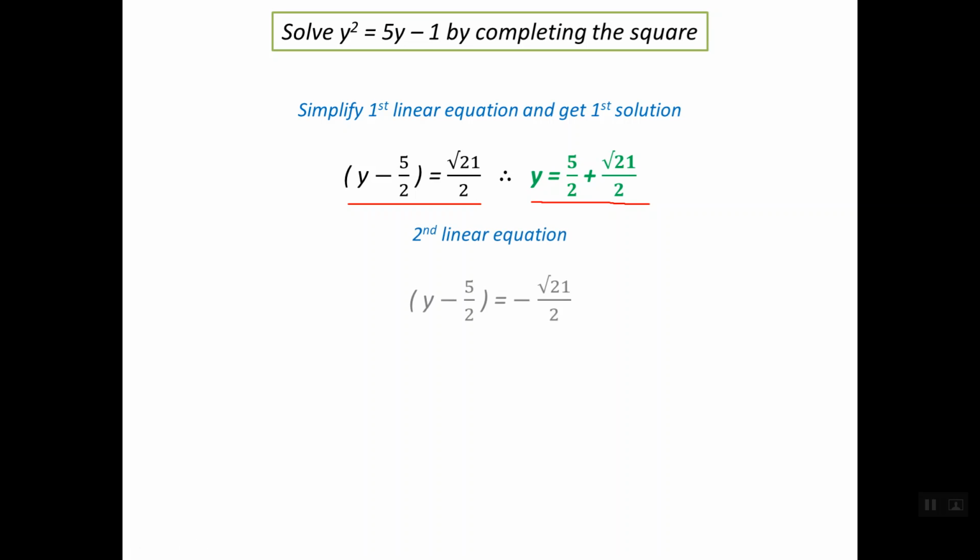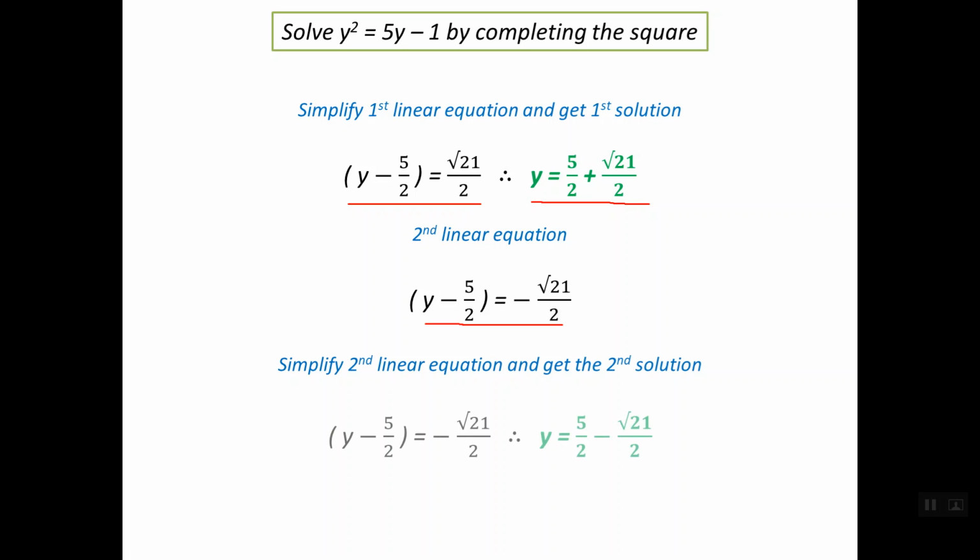And the second linear equation is y minus 5 over 2 is equal to minus the square root of 21 divided by 2. So we add 5 over 2 to both sides in order to simplify, and the linear equation becomes y is equal to 5 divided by 2 minus the square root of 21 divided by 2.